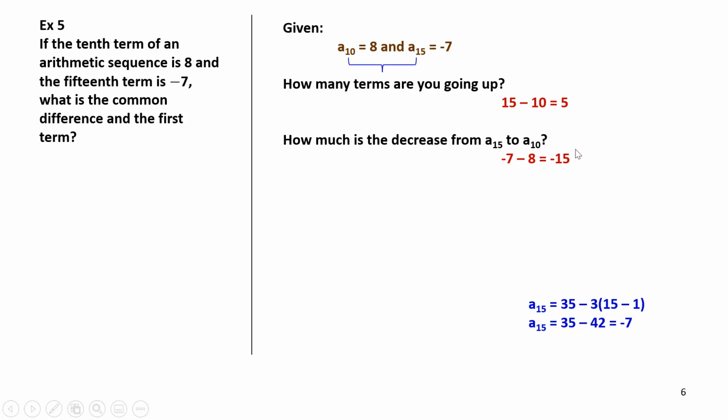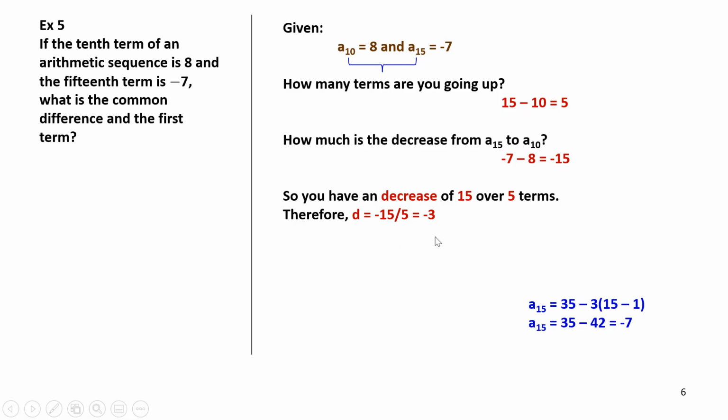So there's the total drop in numbers. To figure out what the difference is, all I have to do is put that decrease over my 5 terms. So I have a decrease of 15, that implies negative 15 over 5, which is -3.